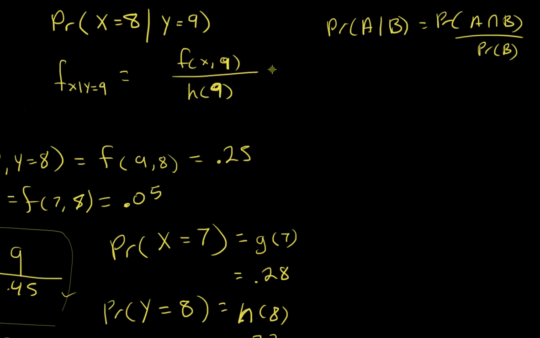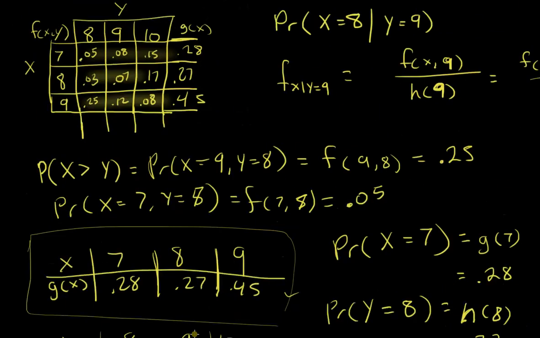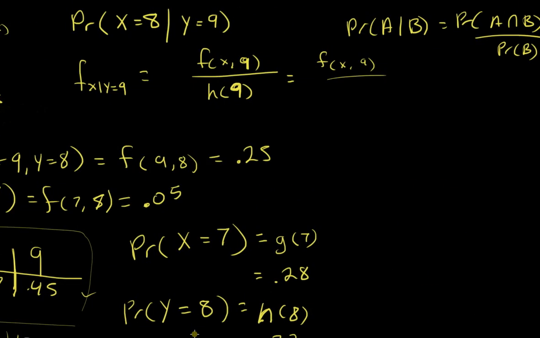Okay? So, this would be f of x comma 9. And then down here, what is h of 9? Let's go look at the marginal. It's 0.27. So you would plug that in. 0.27. Okay, so now if I want to find probability x equals 8, then I would plug in 8 here. And so this would be f of 8 comma 9 divided by 0.27.